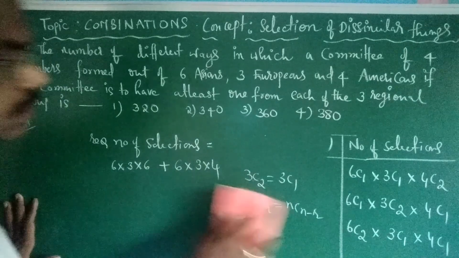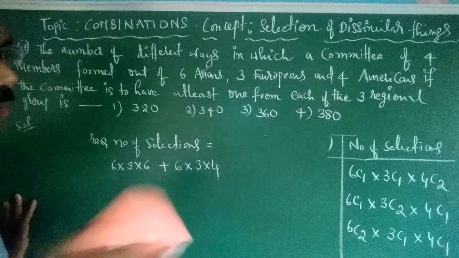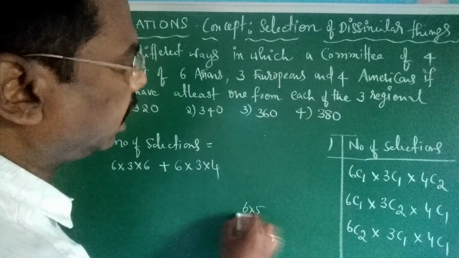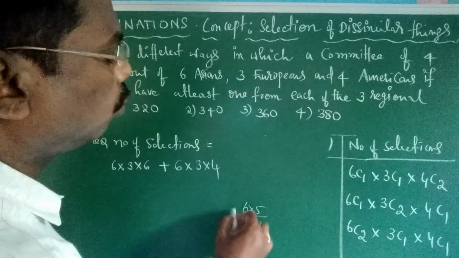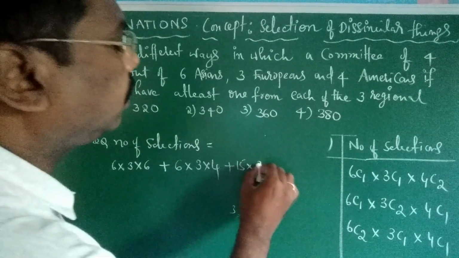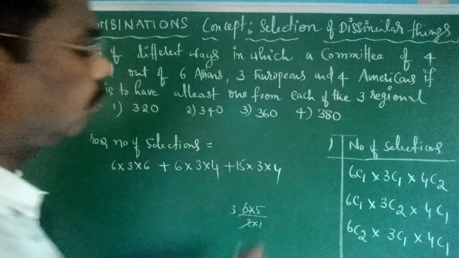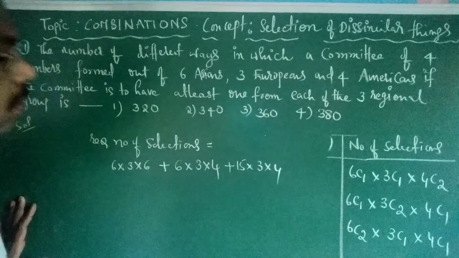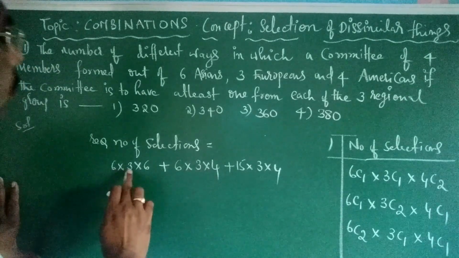Next 6C2. 6C2 value is 15, 6 into 5 by 2 into 1. Now 15 into 3 into 4, and 3 into 6 into 6.